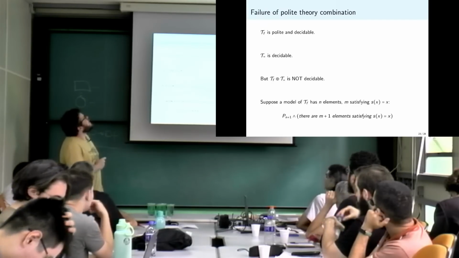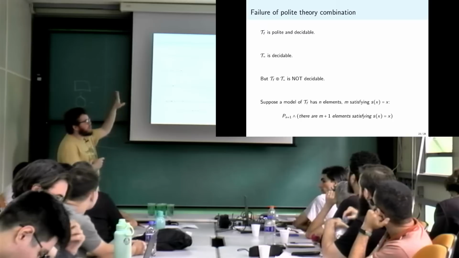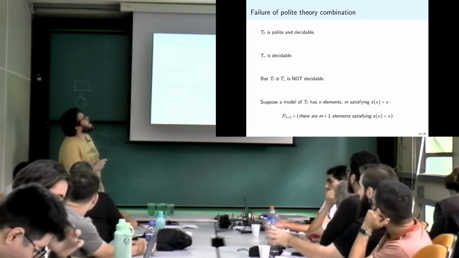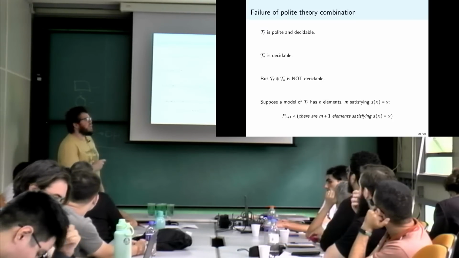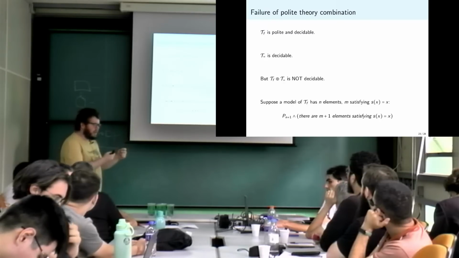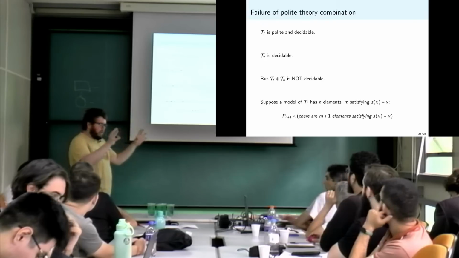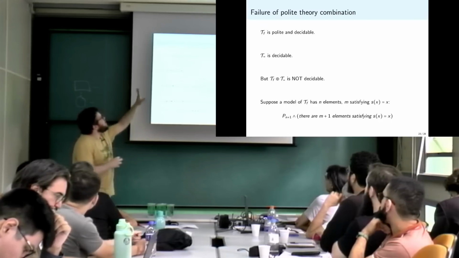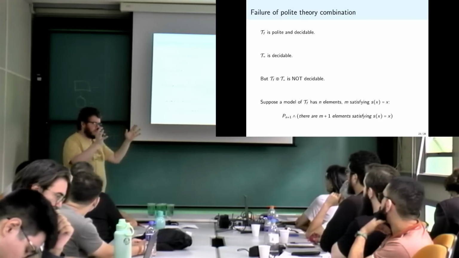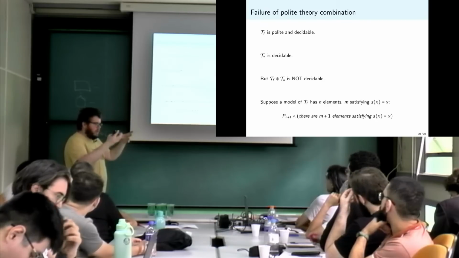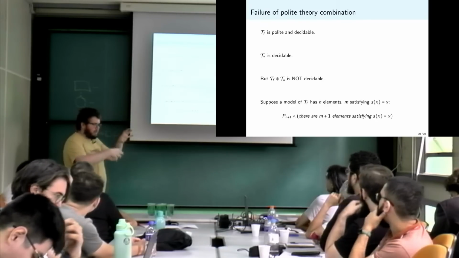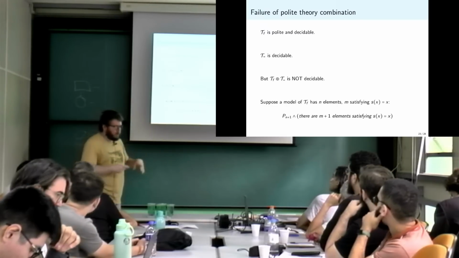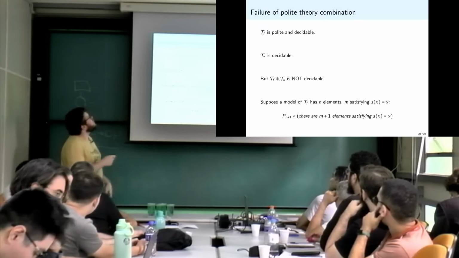So the theory I told you about with the graphs and so on is polite, and it's decidable. To prove that it's decidable is a bit trickier, but the idea is that for any function, you can find a big enough model of this theory that has a submodel that satisfies your quantifier free form involving functions.